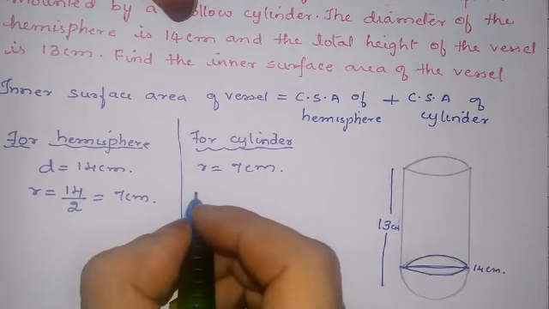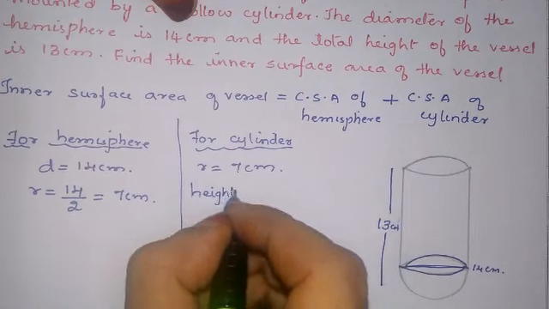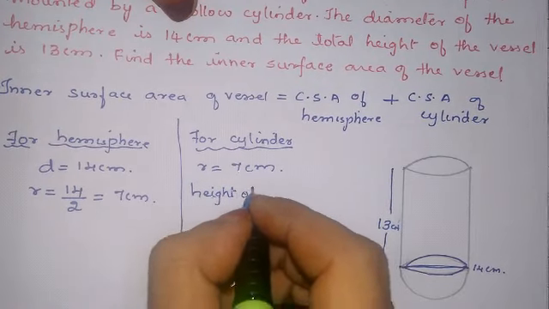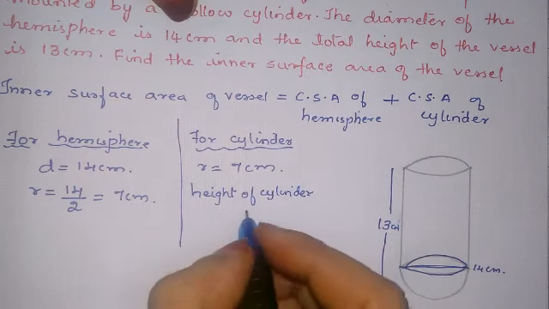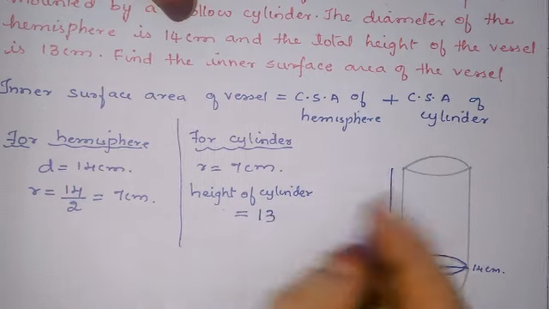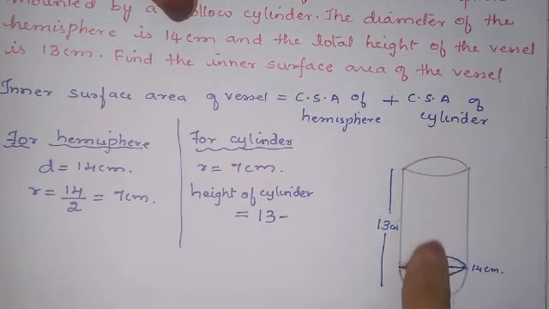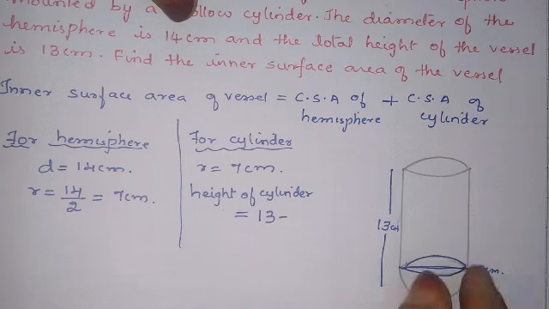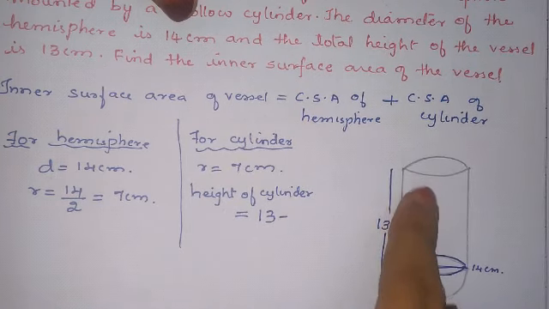How we will get height of the cylinder? Height of cylinder is equals to 13 full length minus hemisphere we have to remove. Out of full vessel we should remove hemisphere, then we will get the height of the cylinder.